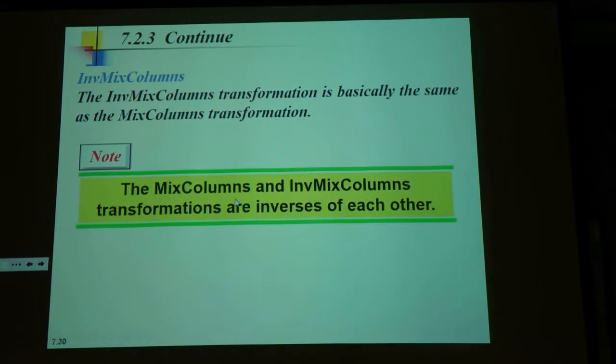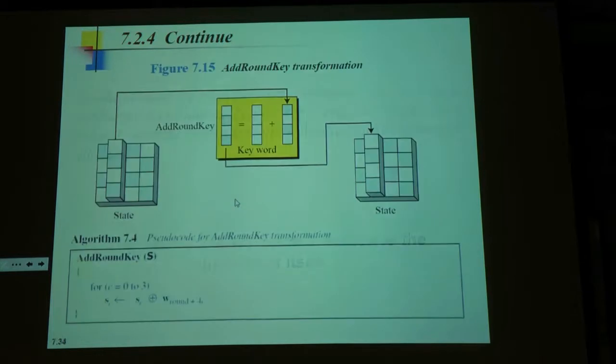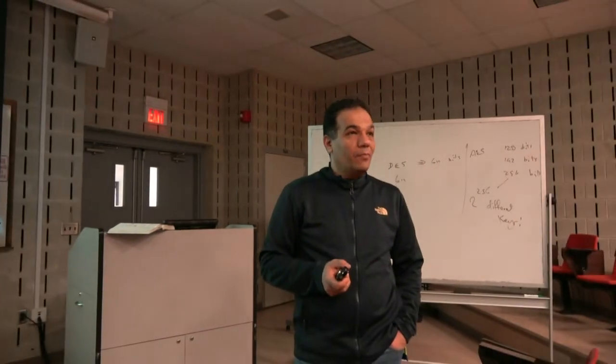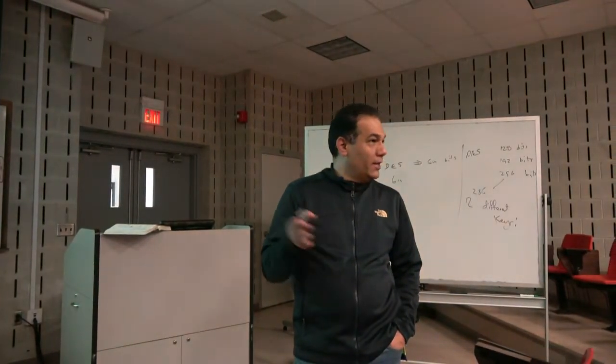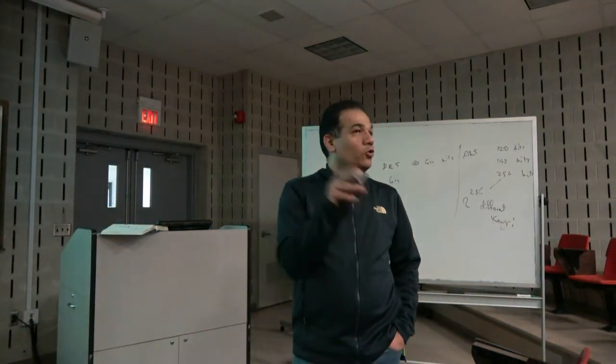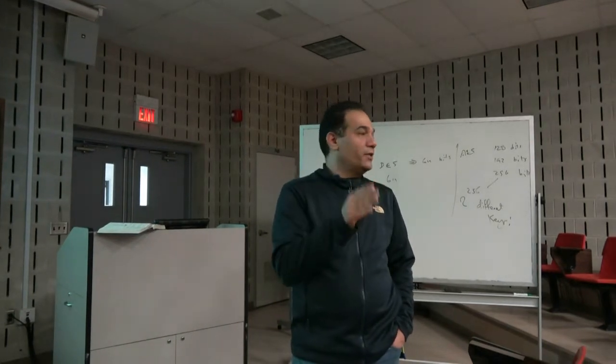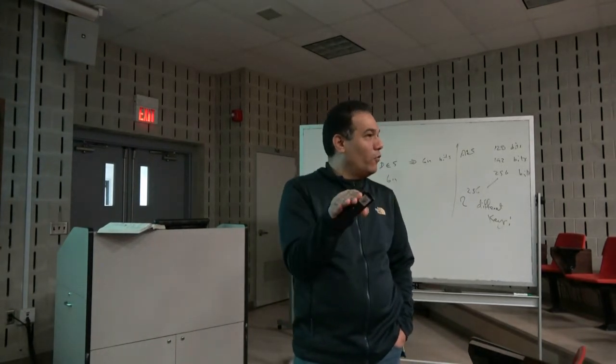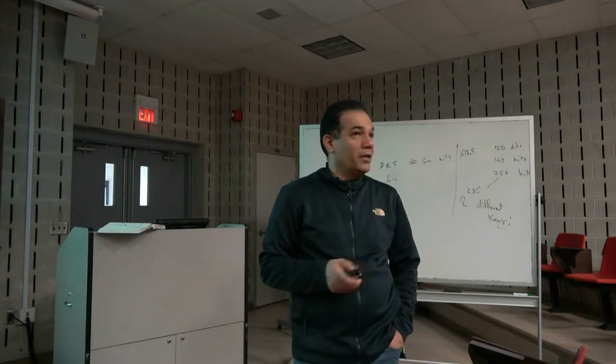What is the size of the key, by the way? 128 bits, always 128 bits. And you build it into a state. The state will be 4 by 4, 16 bytes.